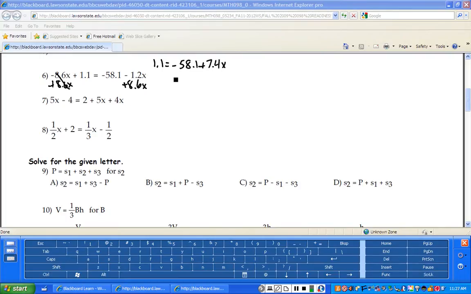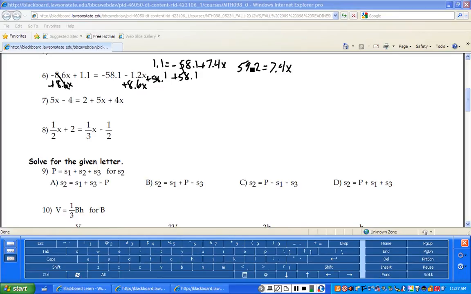Now I add 58.1 to both sides. Cancels over here. 1.1 plus 58.1 gives me 59.2 equals 7.4x. The 7.4x, I didn't do anything with it, so I just kept it.